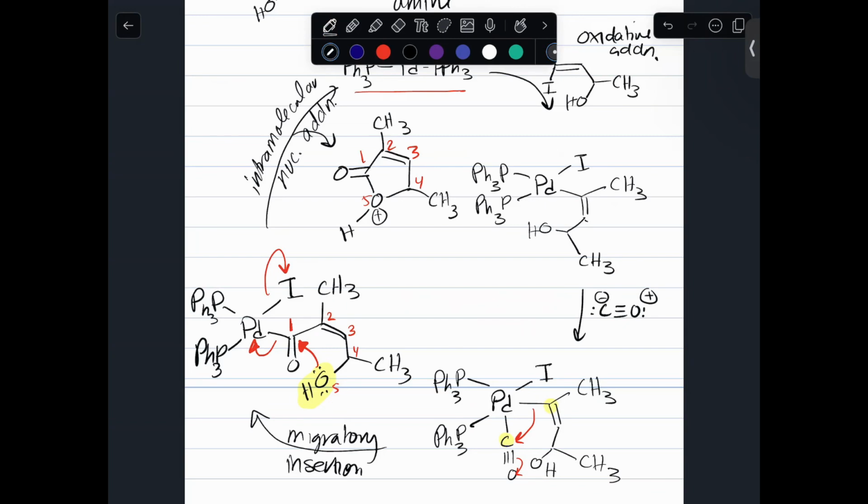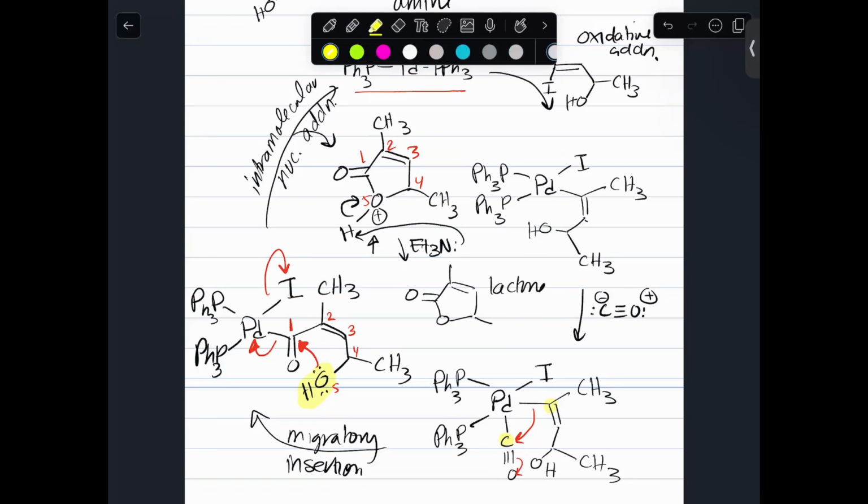So this is a cyclic ester, also known as a lactone, or a precursor to a lactone. I've got a positive charge, so how do I get rid of that positive charge? I use the base to deprotonate, and now I can form my desired lactone product.